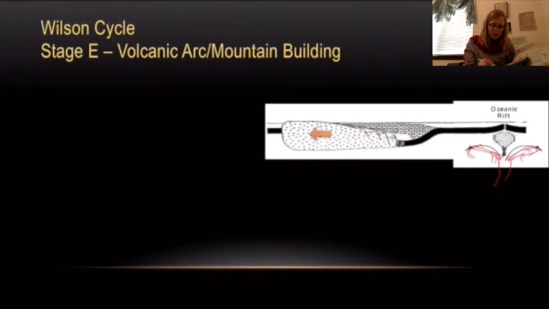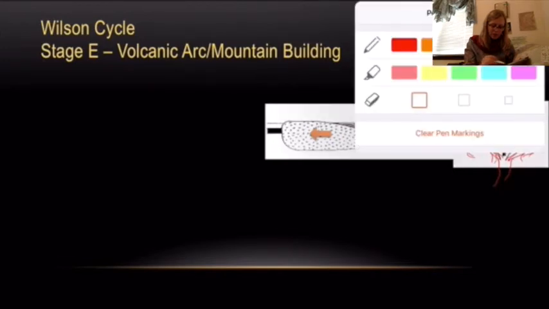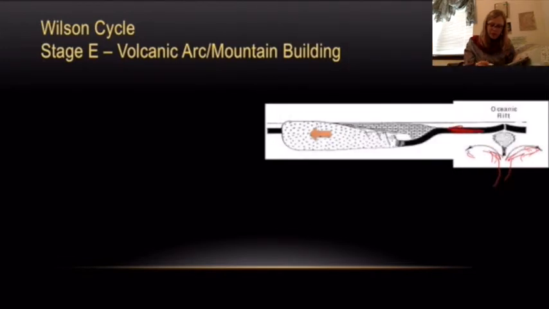What's going to happen with this oceanic crust in here? Think about if convection continues, what's going to happen with this crust? Is it going to stay the way it is? Is it going to become smaller? Is it going to become larger? It's going to get larger. It's going to keep growing.